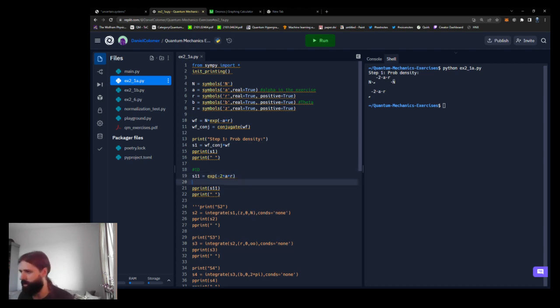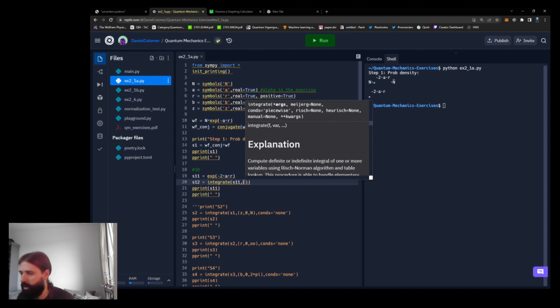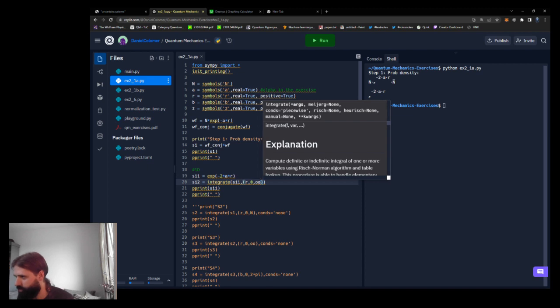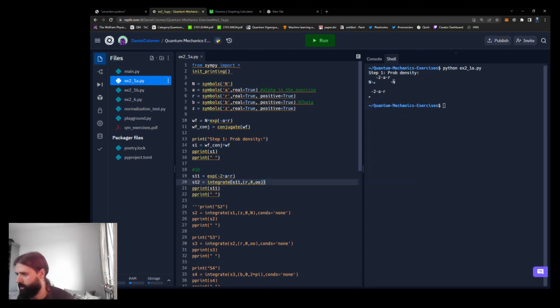So we take this and we integrate S11 over R, and R is the radius, so this is between 0 and infinity. This is for sure correct. And if we print S12 now, what do we get?